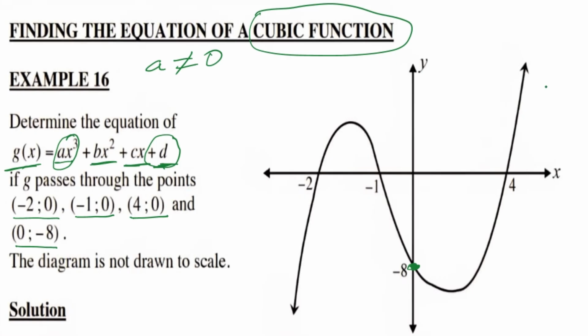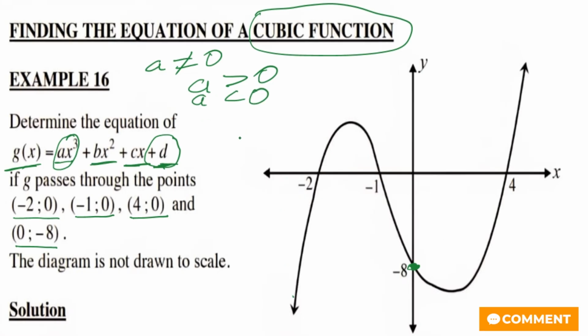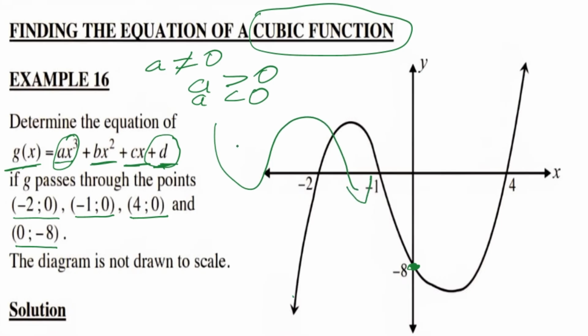But there is something that I have to highlight first, so that you know exactly what is happening. If the value of a is greater than 0, the function will look exactly like the one that we have here. But if the value of a is less than 0, the function will start like this, and then it goes like this, and then it goes like that.